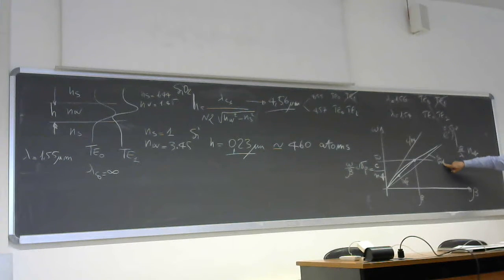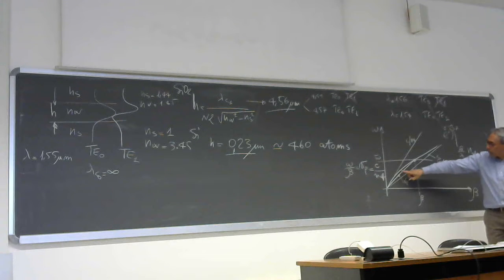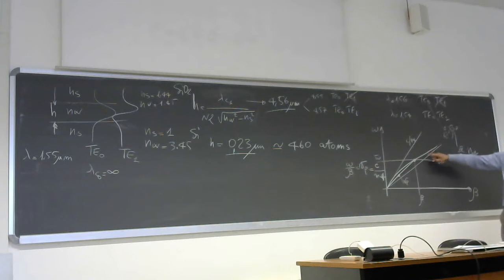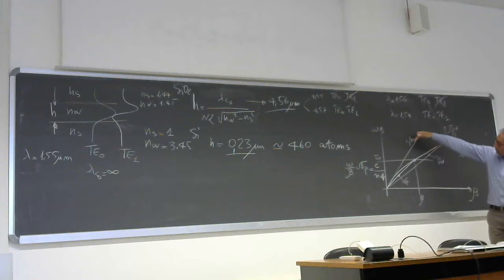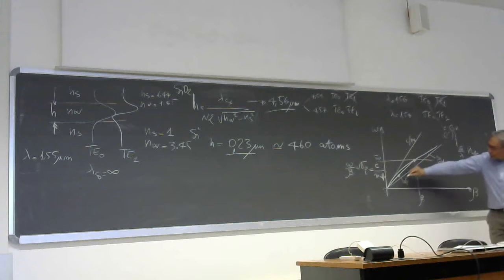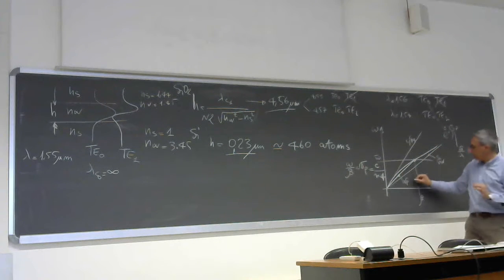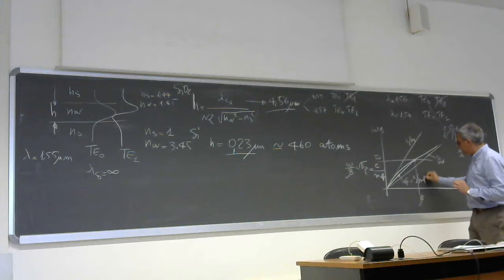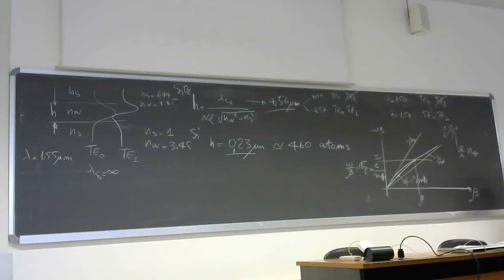Your solution stays between these two lines, and the slope of this segment is c divided by the effective index, so the speed of the light of the mode.